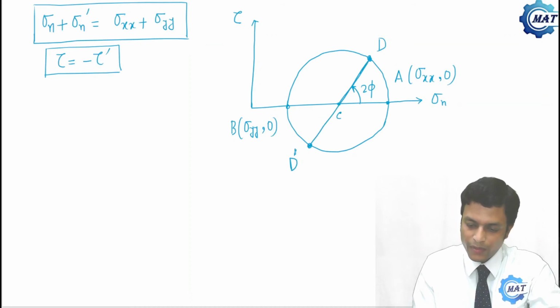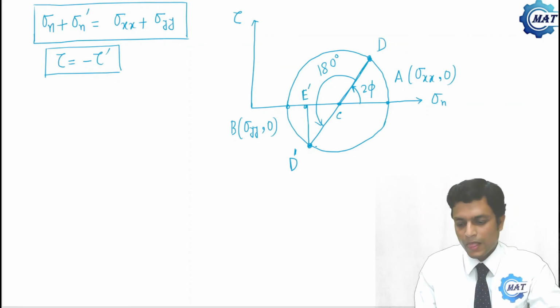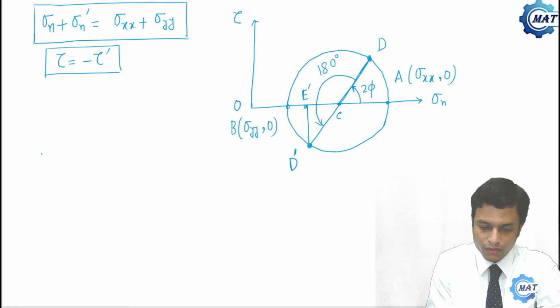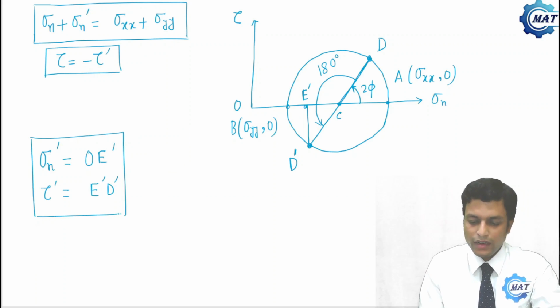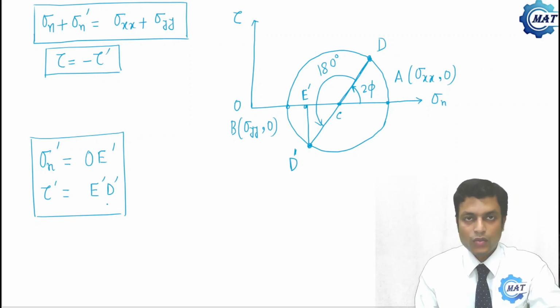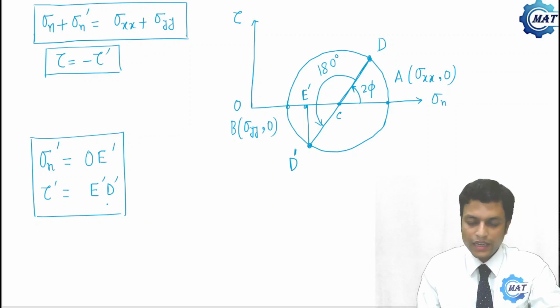So the coordinates of D prime will give the complementary stresses, where this angle is 180 degree. Say this is E prime, so this is OE prime, and tau prime is E prime D prime. Now calculate it, and you will get the same expression that we determined earlier by the analytical method.